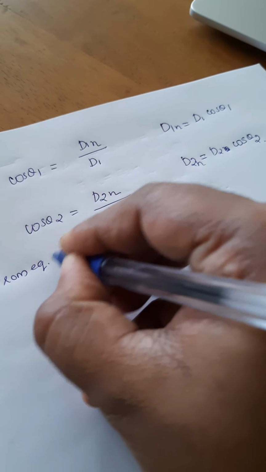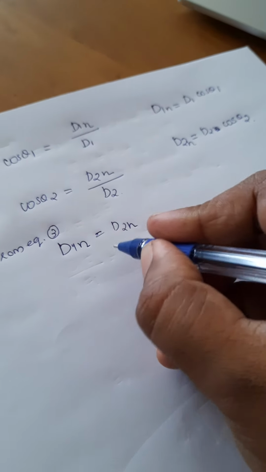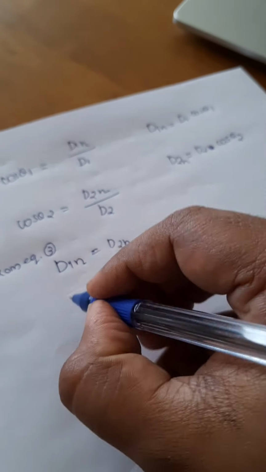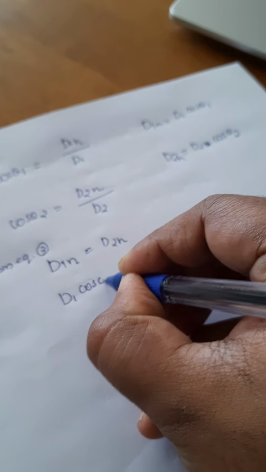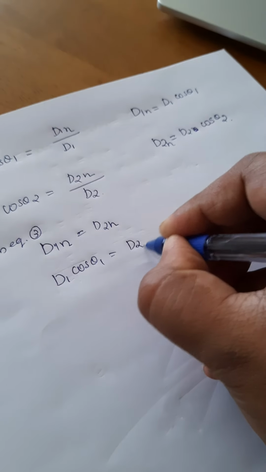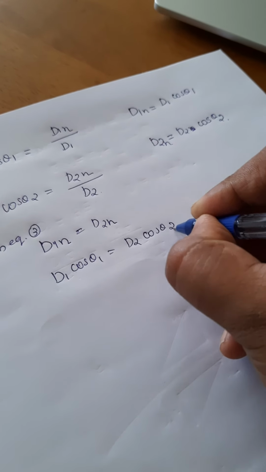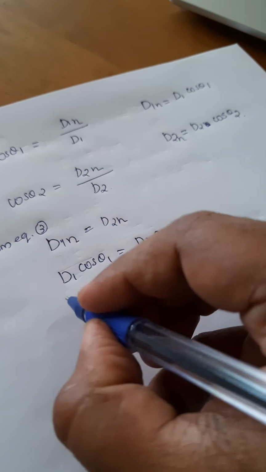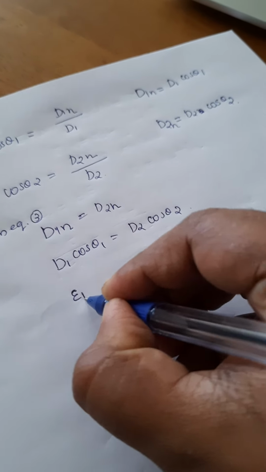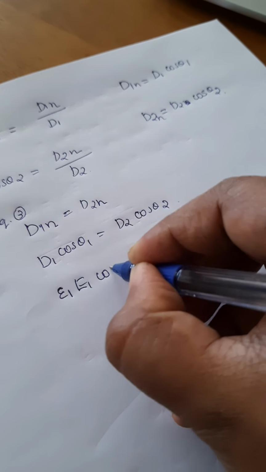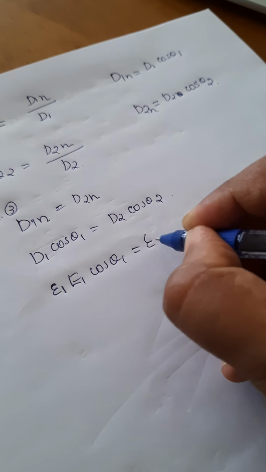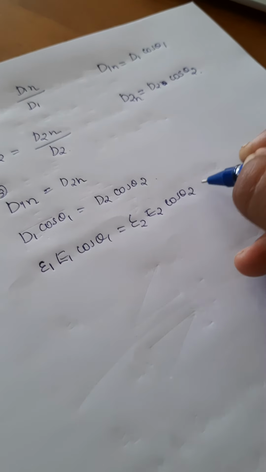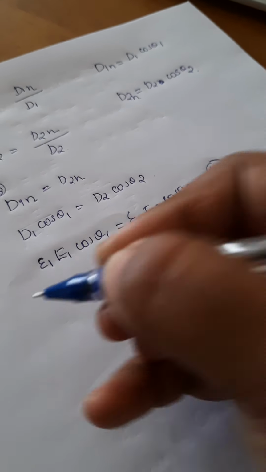So we substitute these values: D1 cos theta 1 will be equal to D2 cos of theta 2. Or in terms of the electric field intensity, we can write that epsilon 1 E1 cos of theta 1 will be equal to epsilon 2 E2 cos of theta 2. This is equation number 5.